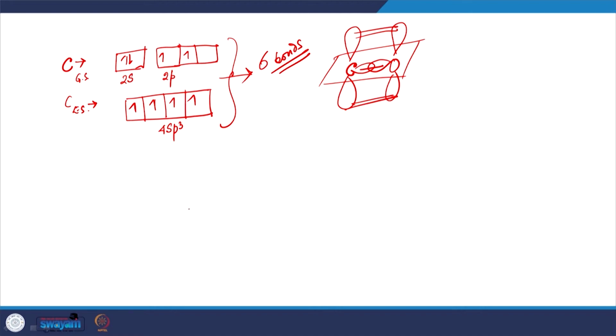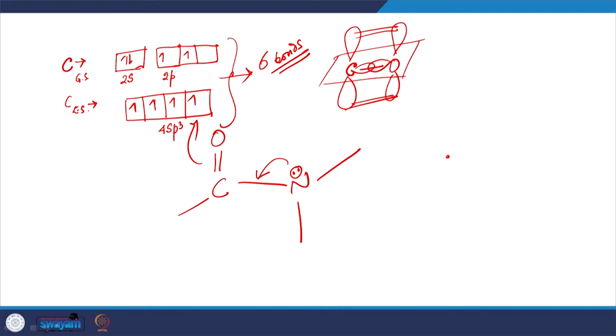Now the situation comes like this, but here it has a lone pair, and that lone pair would be used to form a double bond.